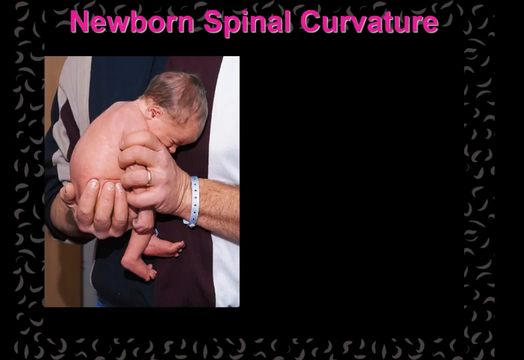So, newborn spinal curvatures. Have we heard of the terms lordosis and or kyphosis before? No, maybe? Okay. So, when the baby's born, the spine is C-shaped, okay? It's not like the adult spine. It's in a concave shape, okay? And that curve is called a kyphosis.